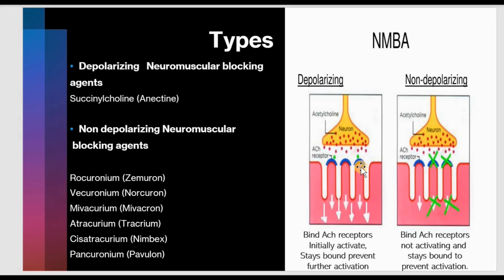So it blocks the neurotransmission, which leads to paralysis of the muscles. Whereas in non-depolarizing agents, again, the IV paralytic binds to the receptors, but it does not activate the muscles. It does not cause muscle contraction. It stays bound and prevents acetylcholine from binding, and that leads to blocking the neurotransmission and paralysis of the muscles.